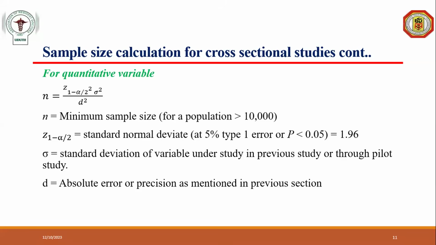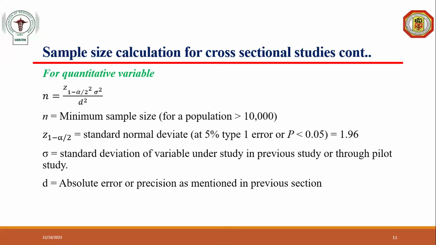So if you present your outcome in terms of mean knowledge plus or minus standard deviation, your lambda will be equal to the standard deviation of the knowledge in a previous similar study. If you didn't get a previous similar study, you can conduct a pilot study and use that standard deviation.